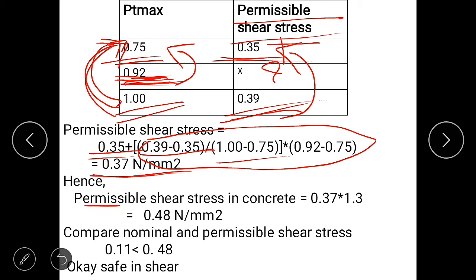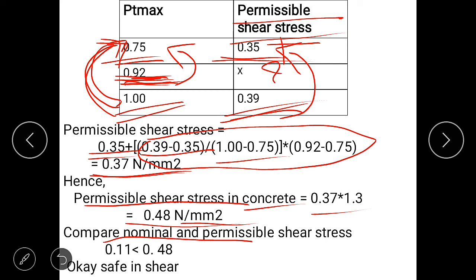Once the permissible shear stresses in concrete is 0.37 into 1.3. 1.3 is given in IS code, IS 456 2000. So the answer is 0.48 Newton per mm square. The permissible shear stresses in concrete is 0.48 Newton per mm square.